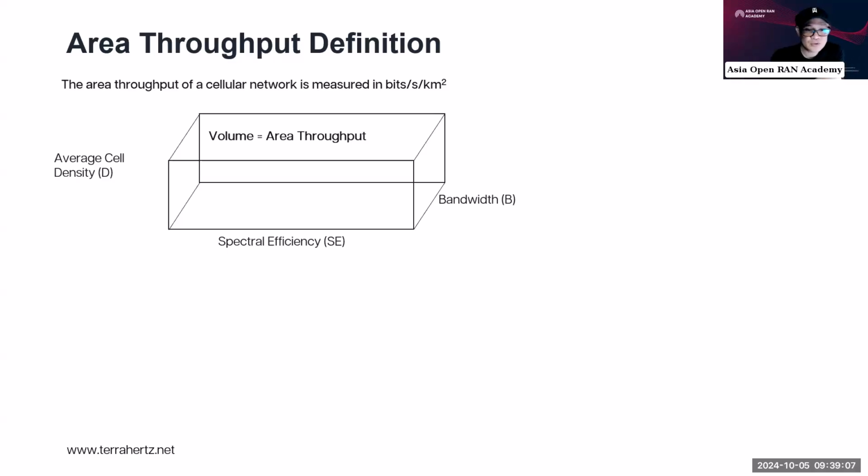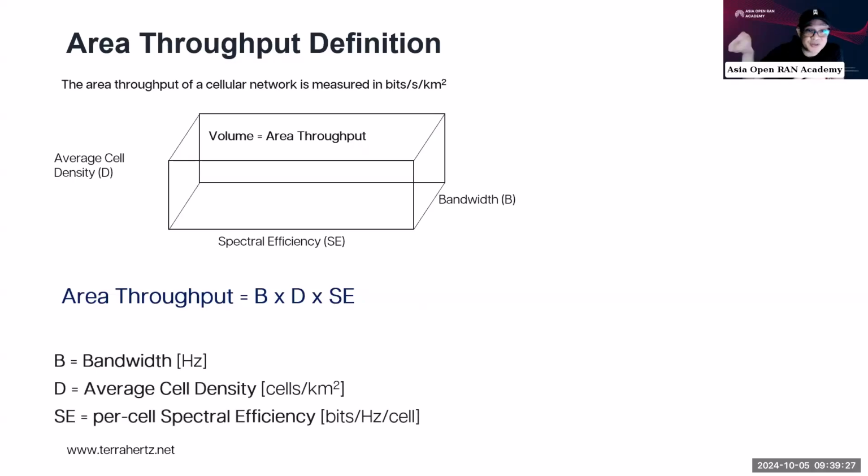Okay, so the formula is very simple. It's a multiplication only. Area throughput is the bandwidth multiplied by the cell density and the spectral efficiency. So you will get the area throughput, such as volume. Okay, so as mentioned, the bandwidth is measured in hertz. The D is the cells per square kilometer.